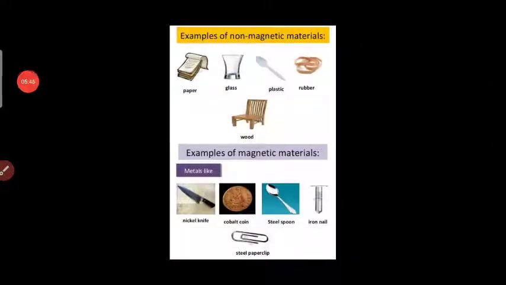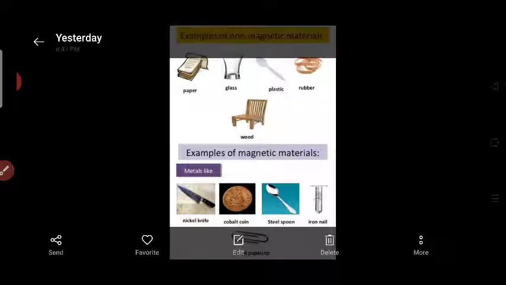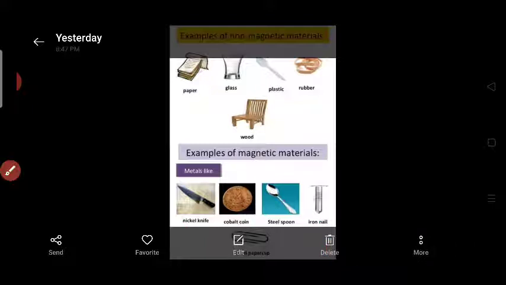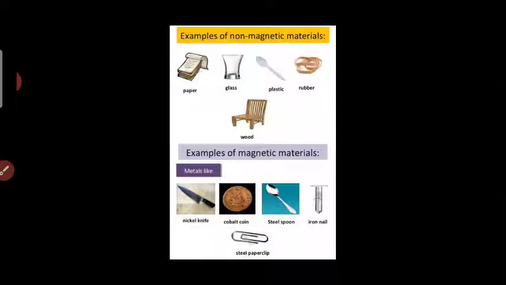Now the question arises, which kinds of materials are attracted towards the magnet? The materials which get attracted towards the magnet are called magnetic materials. The examples are iron, steel, cobalt, and nickel. While the materials which are not attracted towards the magnet are called non-magnetic materials.